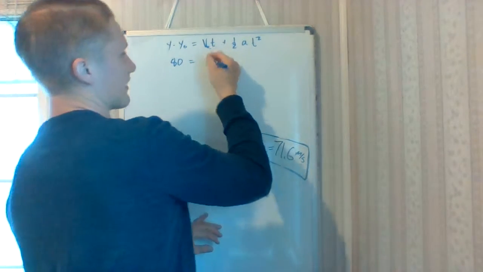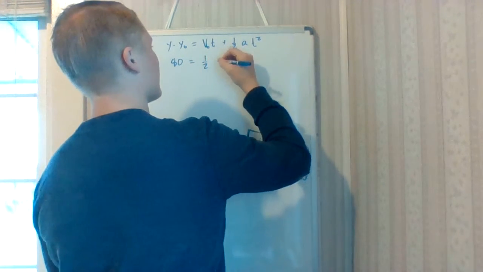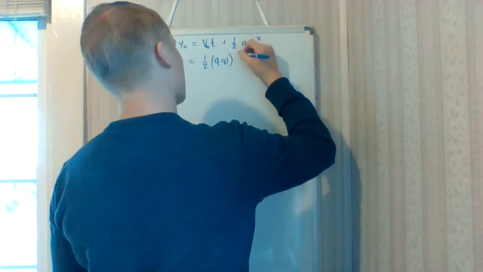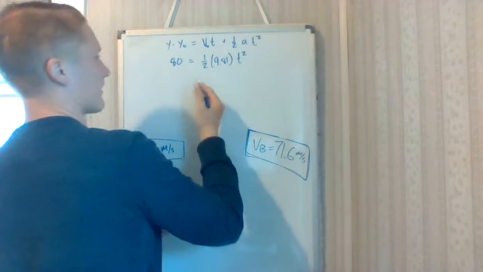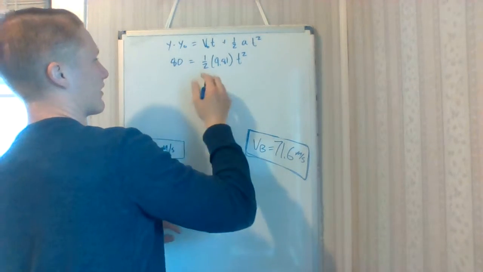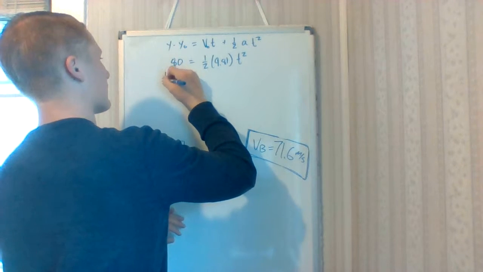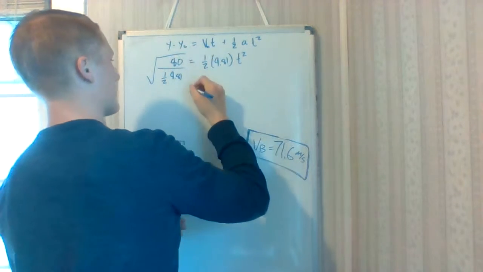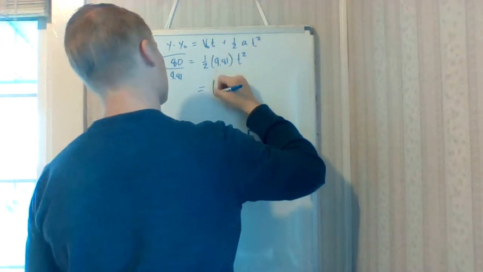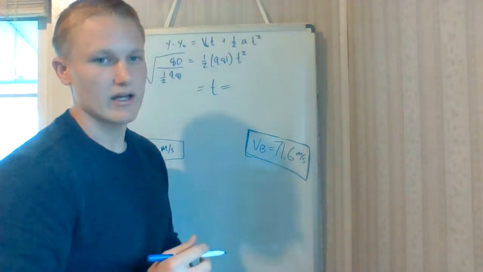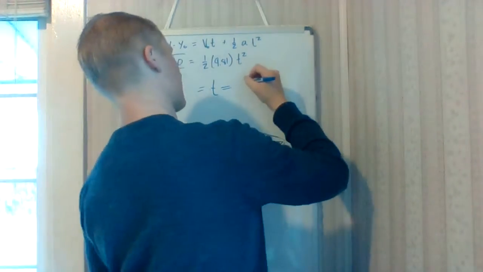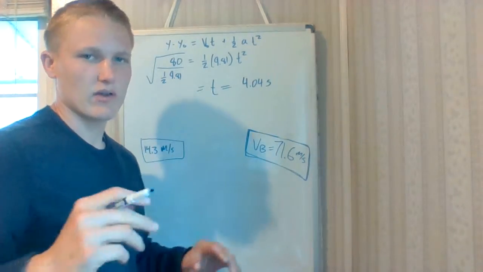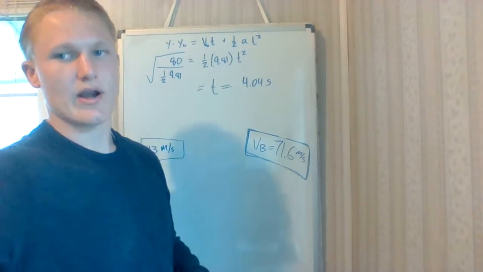Initial velocity is 0, so that term drops out. 1/2, acceleration is 9.81, and t squared. Divide by and take the square root of this. Equals your t, which equals 4.04 seconds. So that's how long they are in the air before they hit the ground.